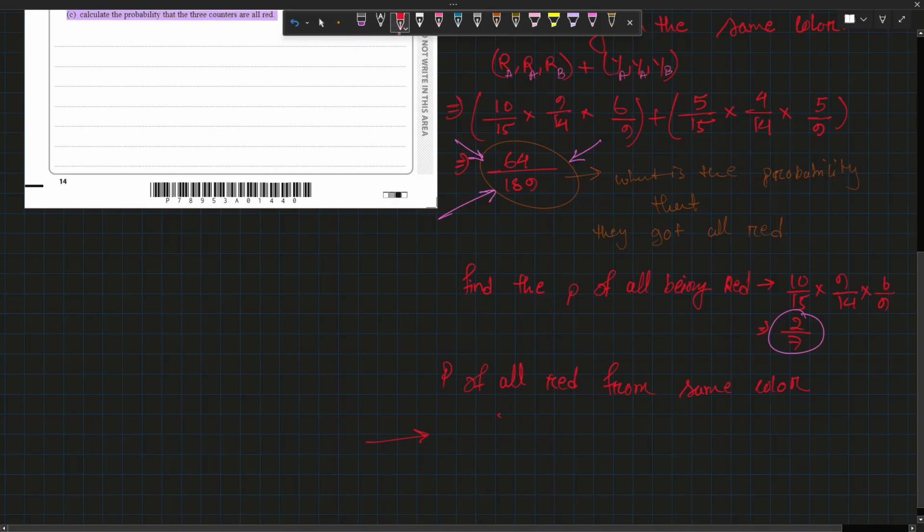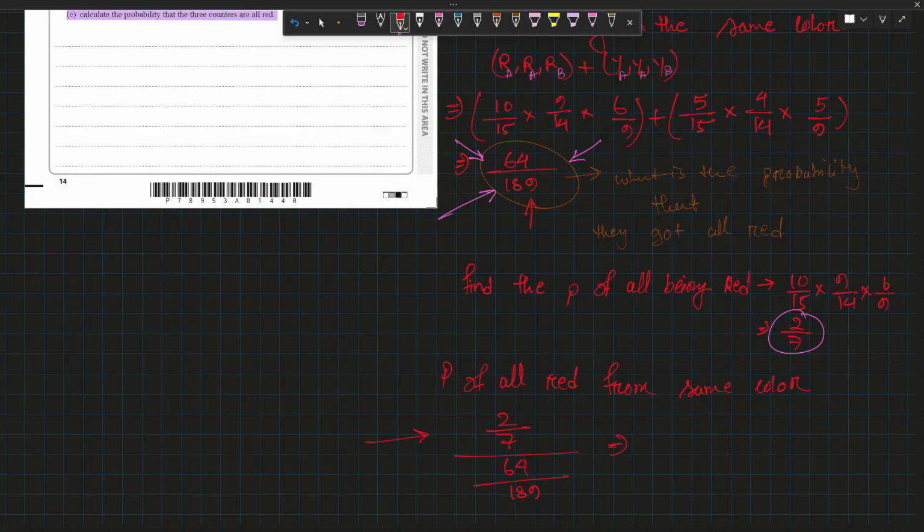It's going to be 2 by 7 divided by the possibility of the same color, that is this one right here. So 2 by 7 divided by 64 by 189, which gives us 27 by 32. So that is our answer, 27 by 32.